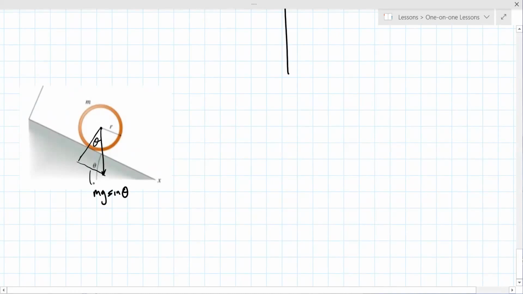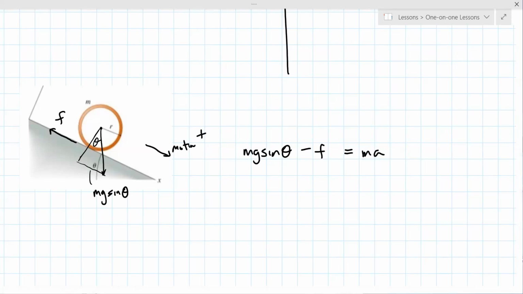There's friction going this direction. They just call that F because it opposes motion. If you're following me so far, we'll call the direction of motion positive. We have mg sine theta minus F equals ma. Is that okay? Yeah, that's okay.